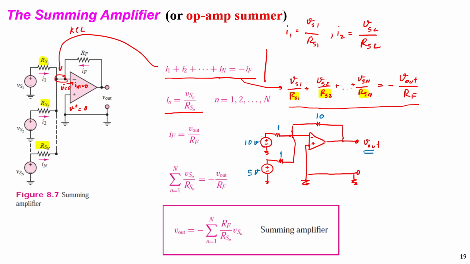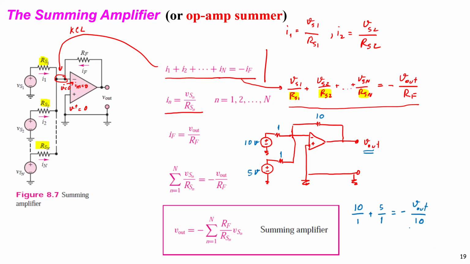The relation is 10 by 1 plus 5 by 1 equal to negative V out by 10.